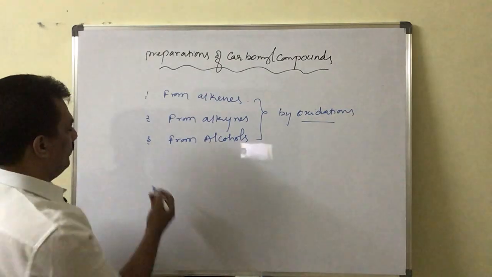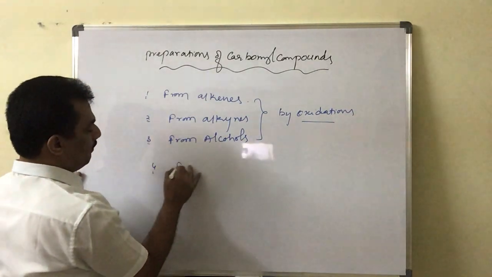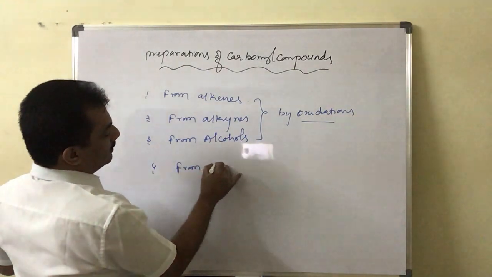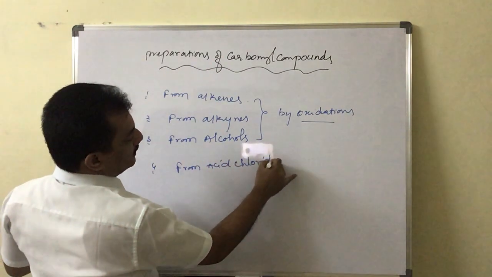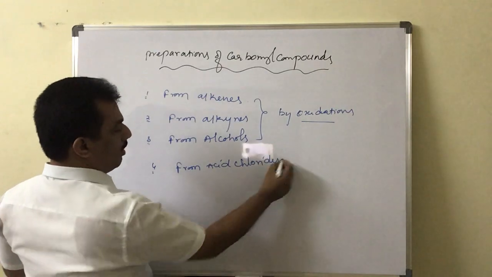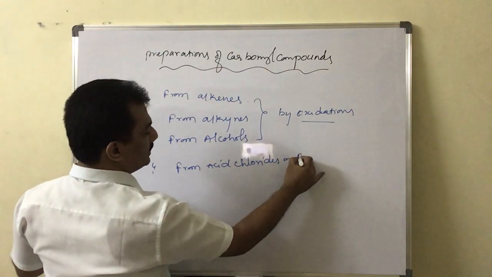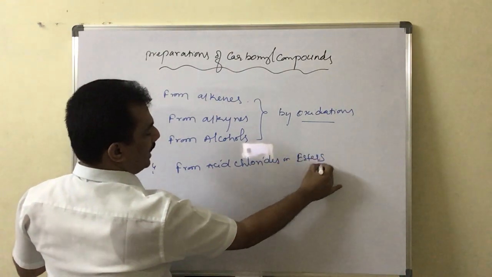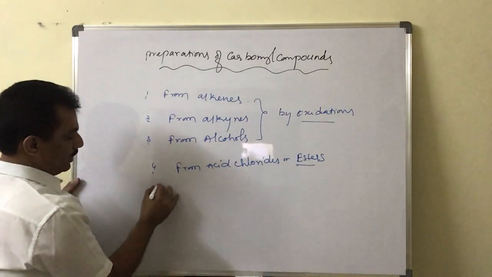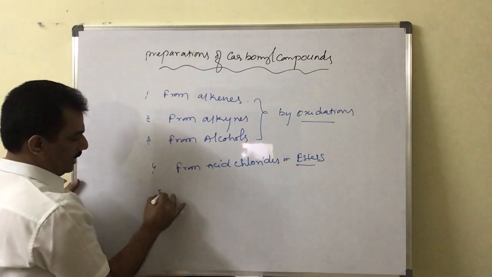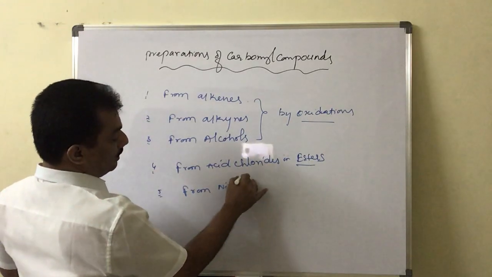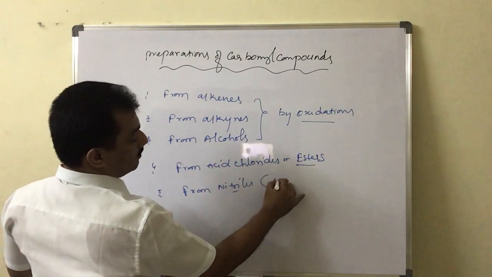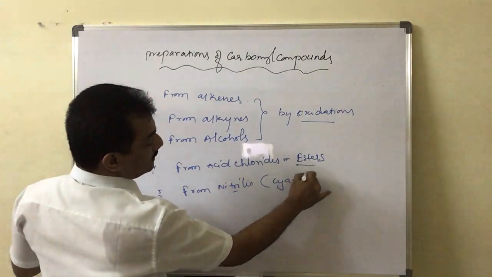Clear? And now the next one is from acid chlorides or esters also. These are nothing but acid derivatives. And then from nitriles, already we know nitriles are nothing but cyanides.